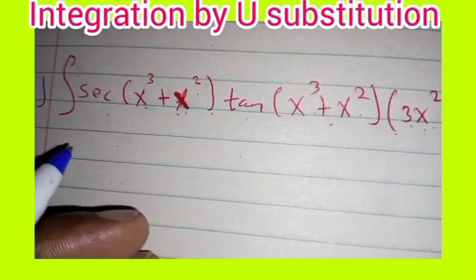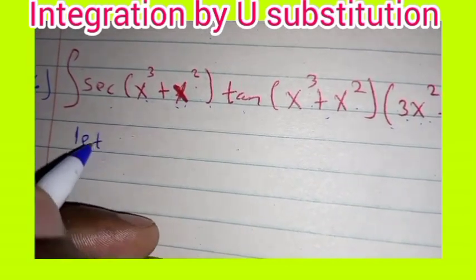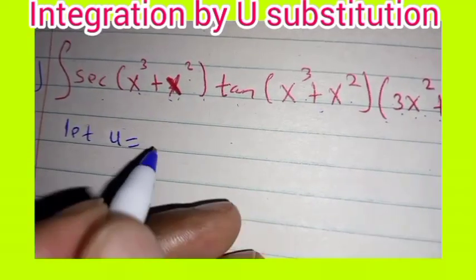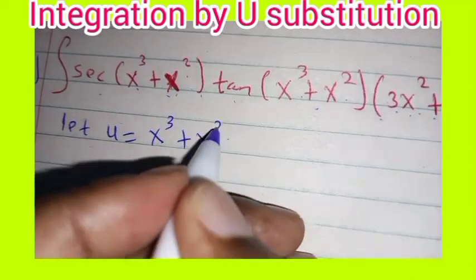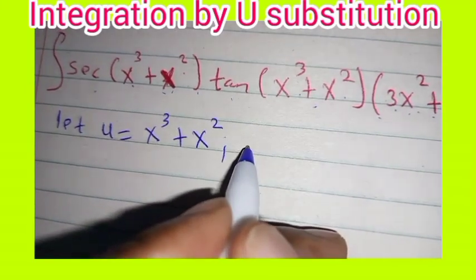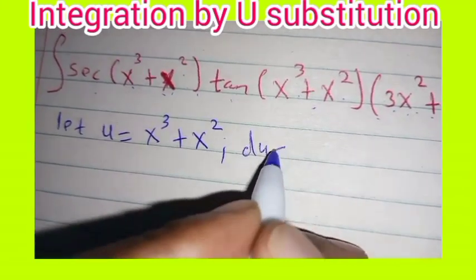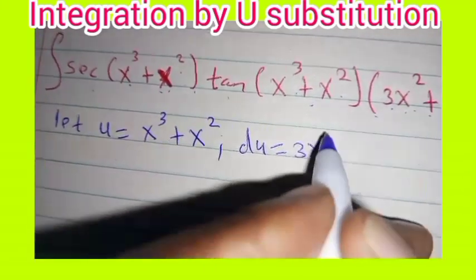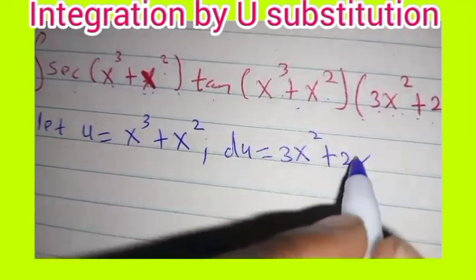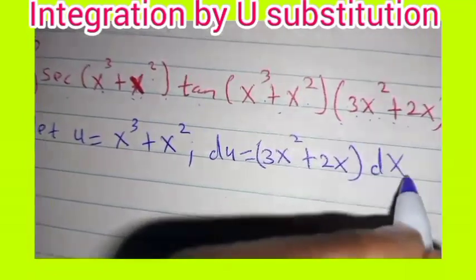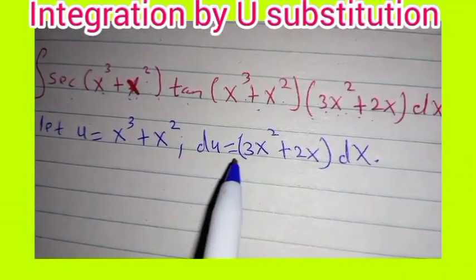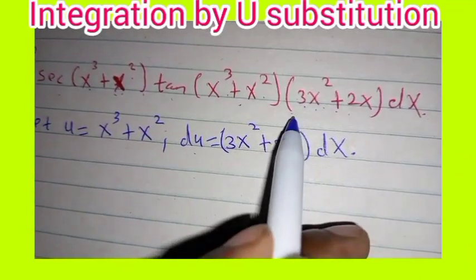Now, first of all, we let our u be equal to x cubic plus x squared. Then we differentiate both sides to get du is equal to 3x squared plus 2x into bracket dx. So you can see our du is the same as this part here.